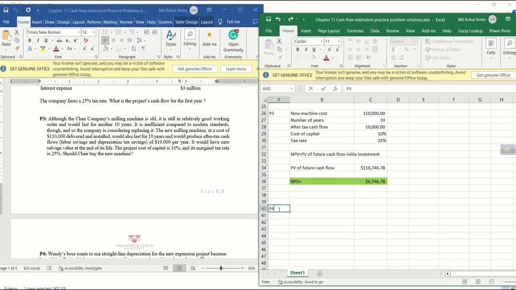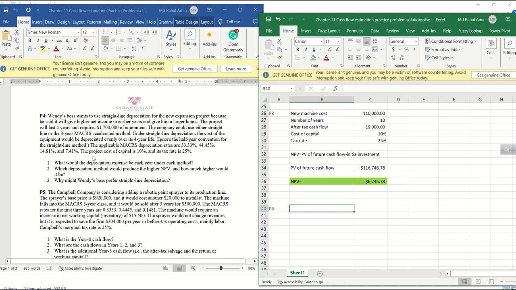Okay, problem 4. Wendy's boss wants to use straight line for 4 years. This is a 1.7 million cost. The company could use 3 years MACRS depreciation, 4 years lifetime. Okay, let me get the values.